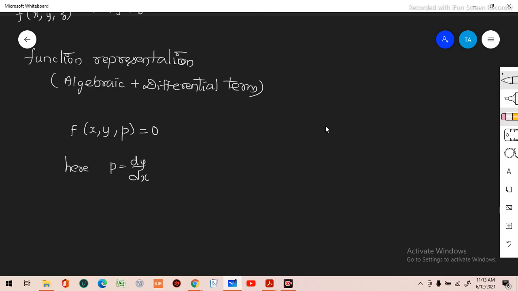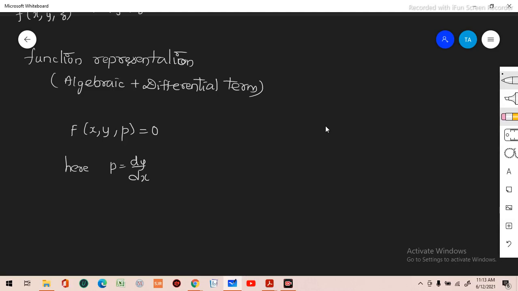If we replace it with z, it is algebraic: x, y, z is algebraic. Here I want differential equations. What do you mean by differential equations? We should have one independent variable, one dependent variable, and the derivative dy by dx, right? So we represent that function by capital F or small f of x comma y comma p equal to 0. This is the representation of a differential function.